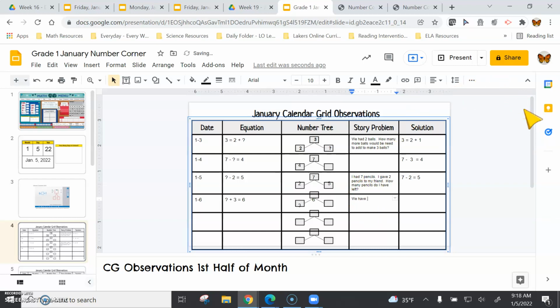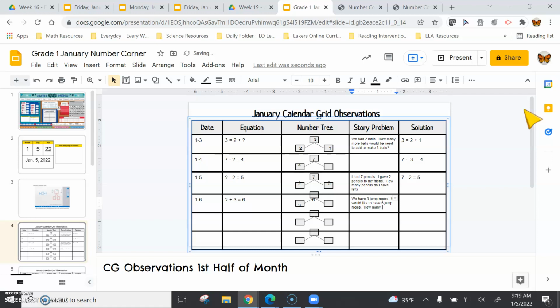We have 3 jump ropes. I'm sorry, not we need. We would like to have 6 jump ropes.